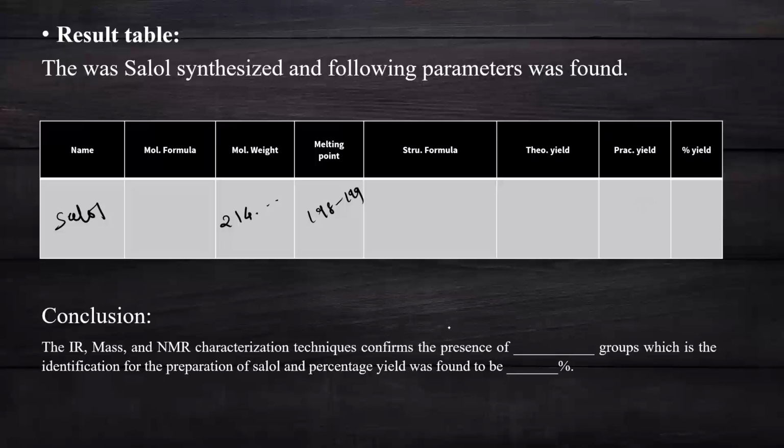Apart from that, the IR, mass and NMR characterization techniques confirm the presence of the group, which is OH and CO2. In addition to that, there is an AR group present. So the 3 groups are present, and the percentage yield, whatever you get, you have to write it down here. So from the whole stuff, we can say yes, that's our compound, we got the compound and the characterization confirms that it is the compound.